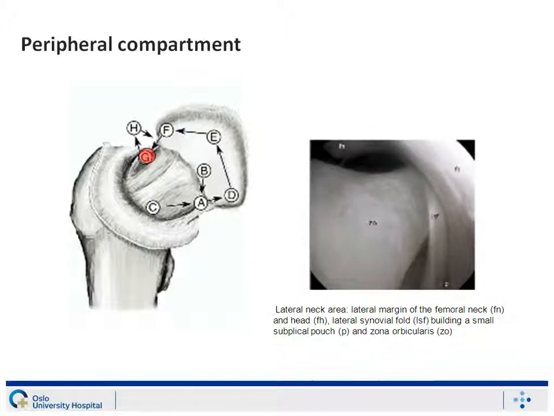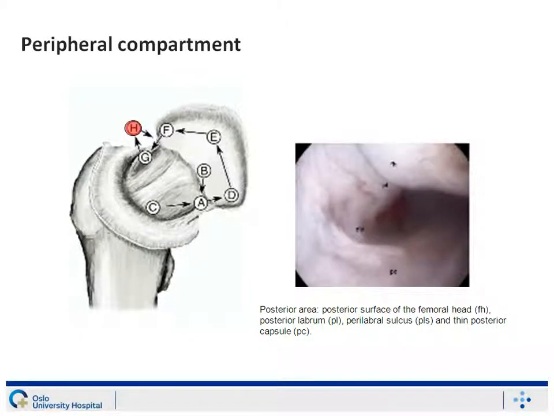Then we have moved down on the lateral side, and we can here see the lateral synovial fold, the neck of the femur, and the zona orbicularis again, which is the capsular structure. And here we have moved all the way to the back. So here is the head of the femur, here is the labrum, and this is the posterior recess, which is a very typical location for where loose bodies will collect.